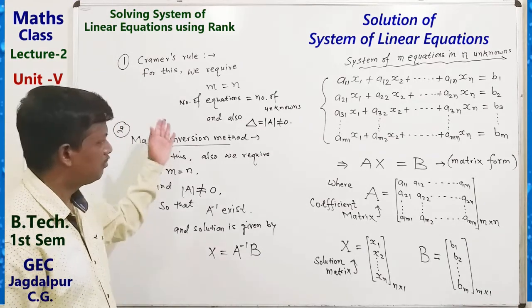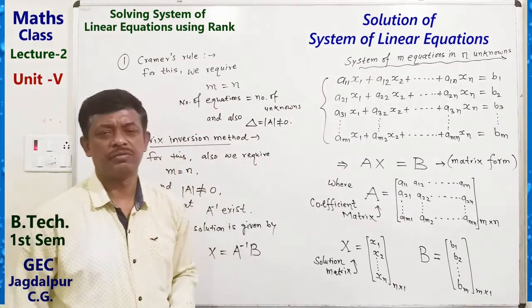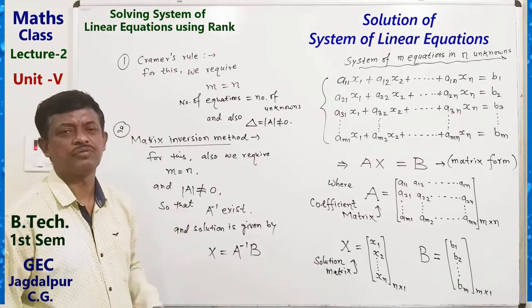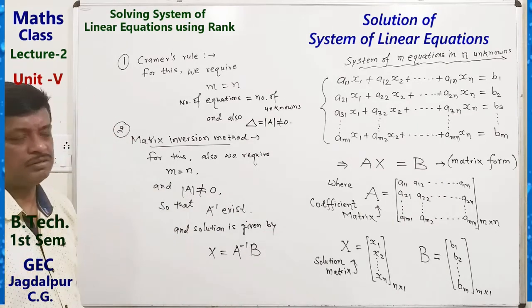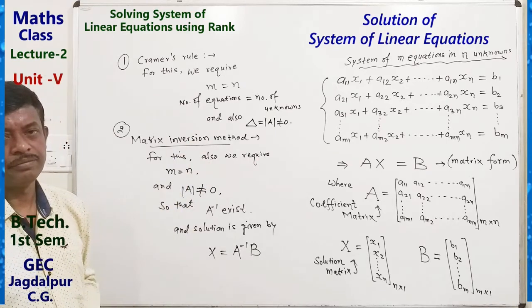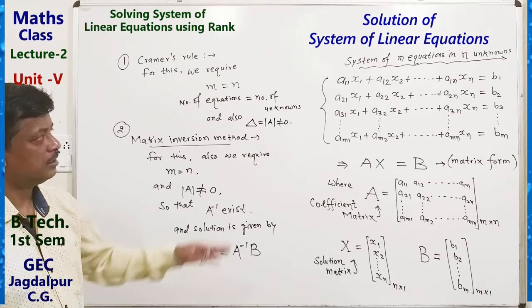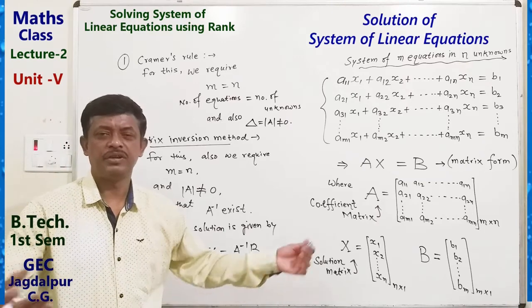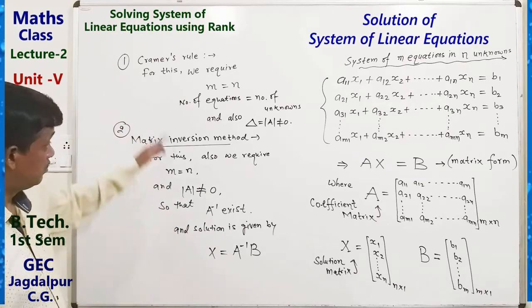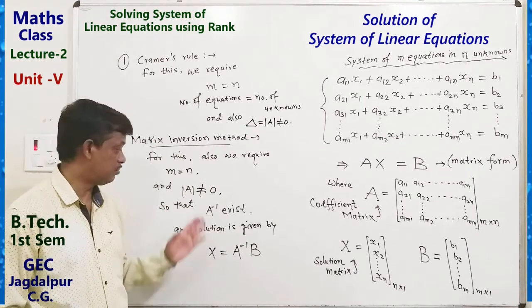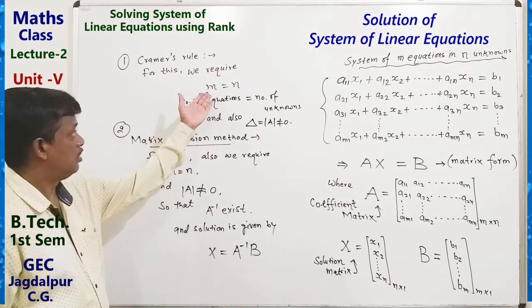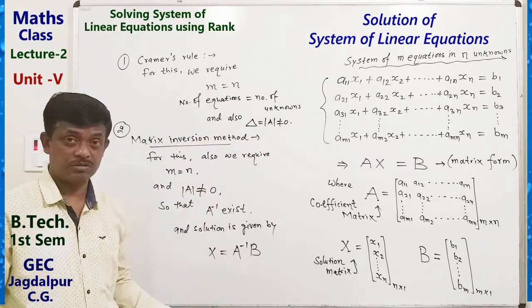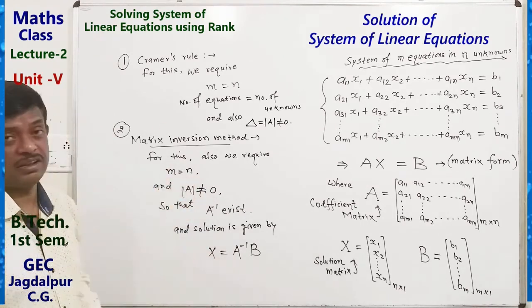Also, if the number of unknowns and equations is more than 3, 4, 5, then solving by these methods will be a very lengthy process. And the determinant should not equal 0, because if the number of equations and unknowns are equal but the determinant equals 0, then also this method will fail.